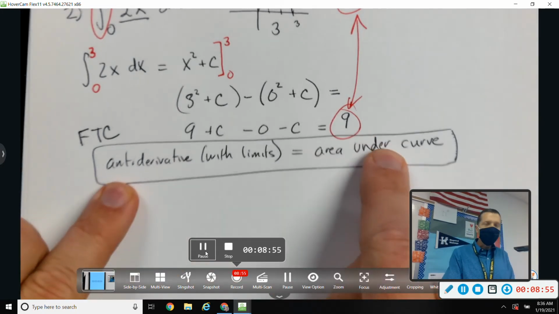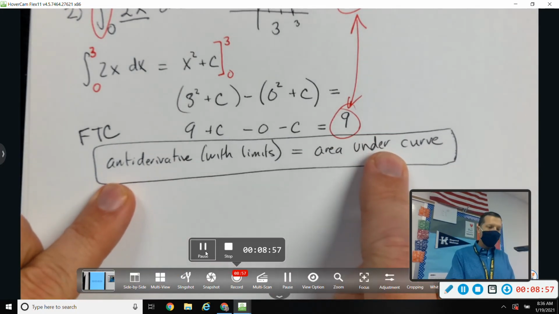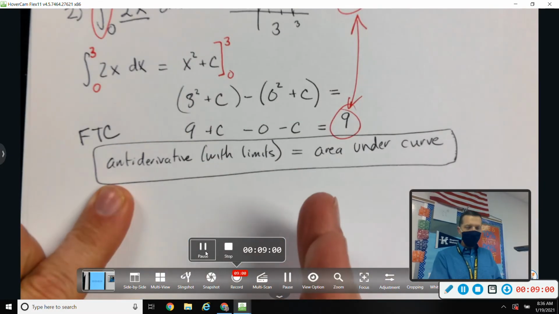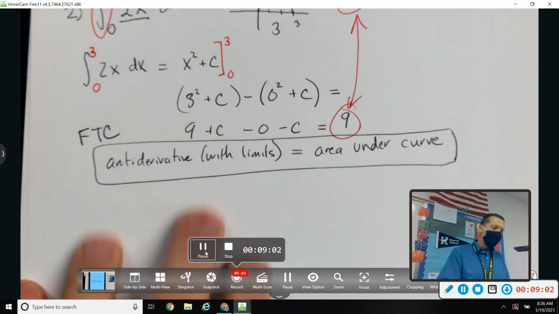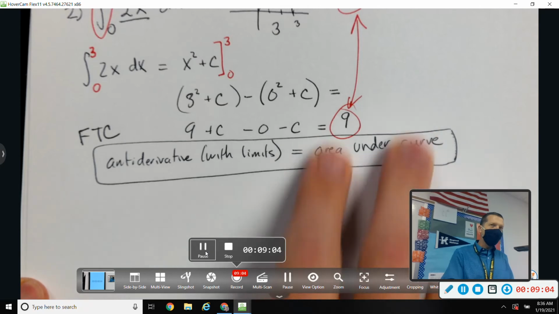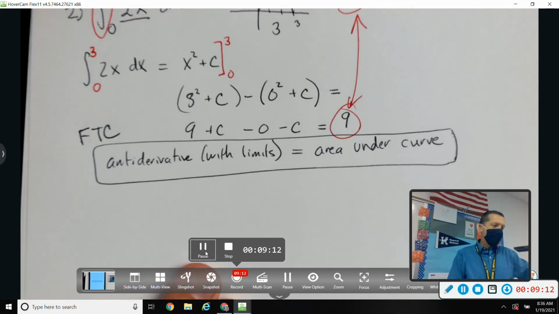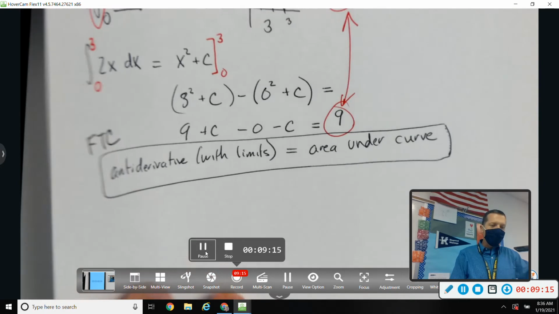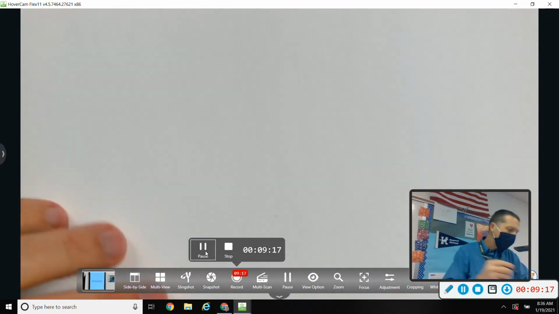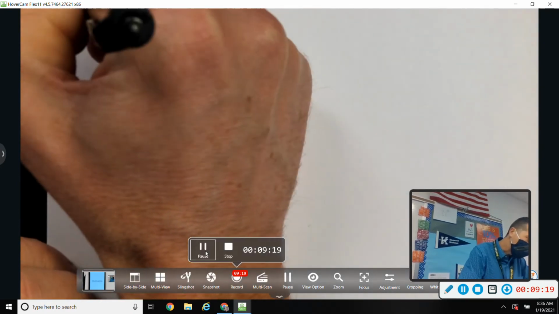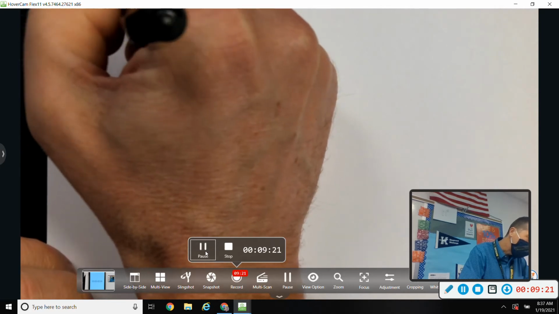It's hard enough to do area under the curves. So on the last test there was a bright line in between those two things. We did a bunch of these questions, we did a bunch of those questions, and we just kind of pretended they weren't related to each other other than that symbol. And now we understand that they go together. All right, that's a long intro into the official stuff on the fundamental theorem of calculus.